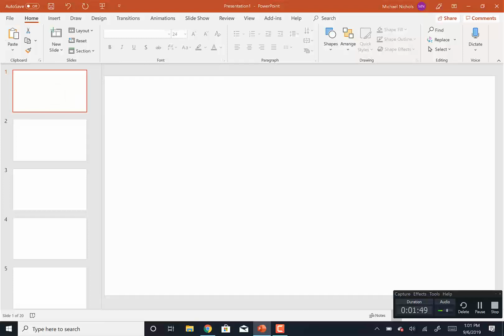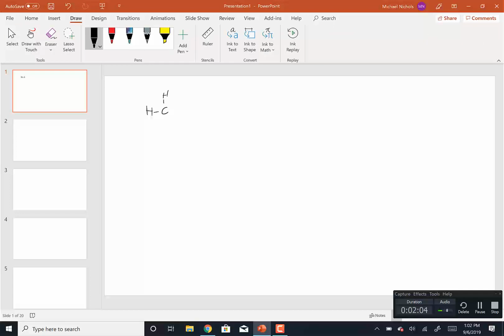So with line drawing the structures, there are different levels of shorthand notation for drawing organic molecules. The absolute longest way to draw a molecule is to draw out each carbon and hydrogen bond explicitly.